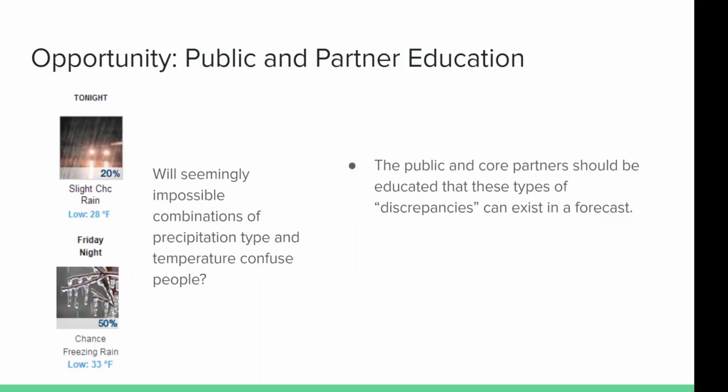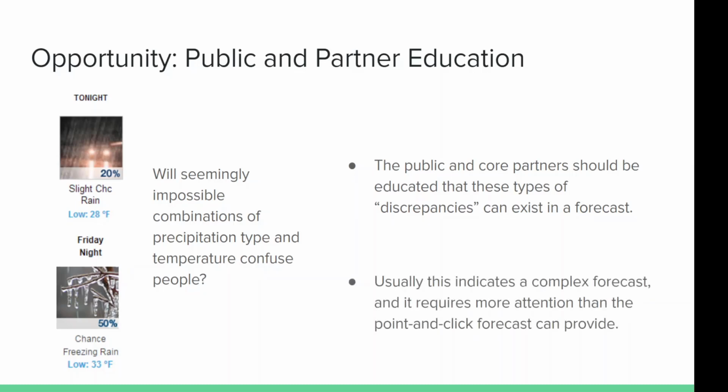Ultimately, the problem lies with our single value point-and-click forecast, as they just can't communicate these situations well. Point-and-click forecasts just simply cannot communicate that complexity, especially when you have multiple precip types or multiple probabilities of precip types.